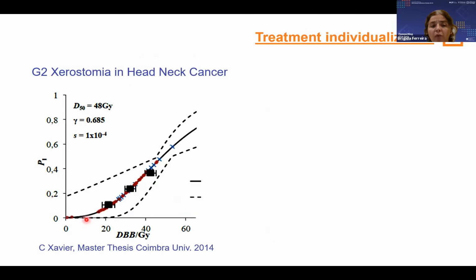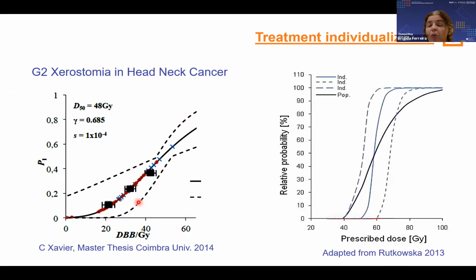So we derived those response curves. We have our confidence intervals, and this gives you an idea of the range of radiosensitivity of the population. But what should we do when we actually have an individual patient that we need to treat? So for example, this is the dose response curve that I can derive because I need to group all the patients' responses.